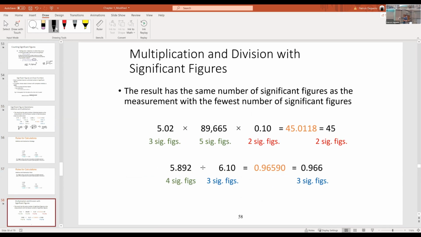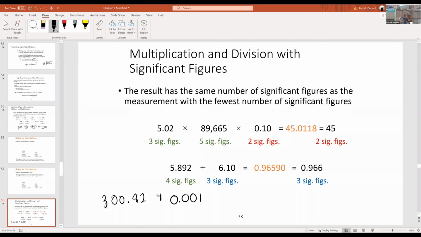If you added 300.82 plus 0.001, and if you were to multiply those numbers together, the 0.001 has one sig fig, so your answer would have to be one sig fig.